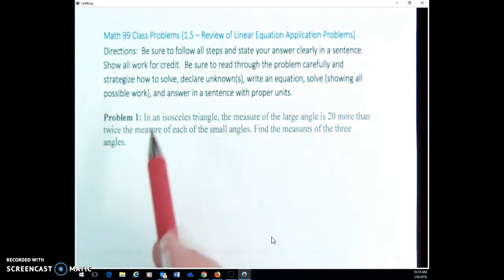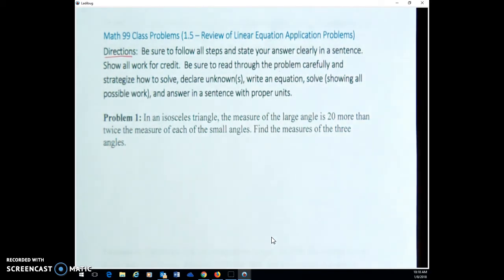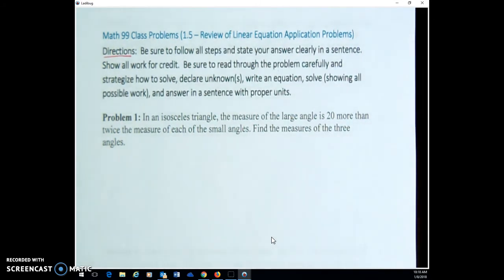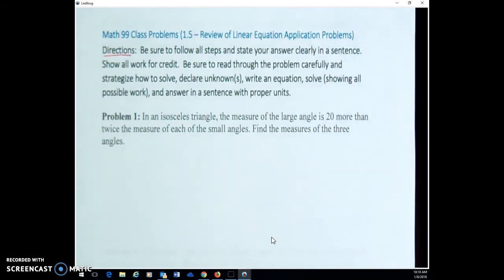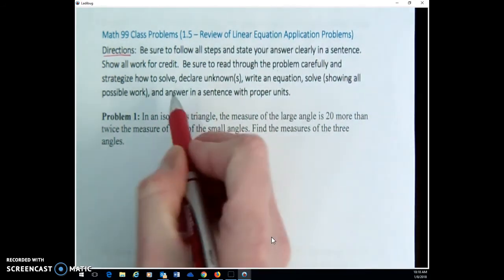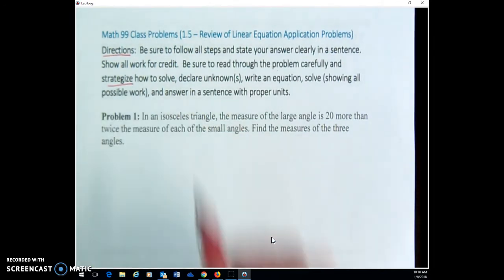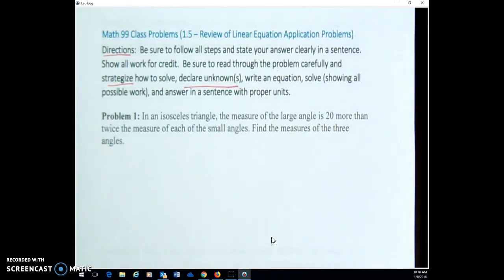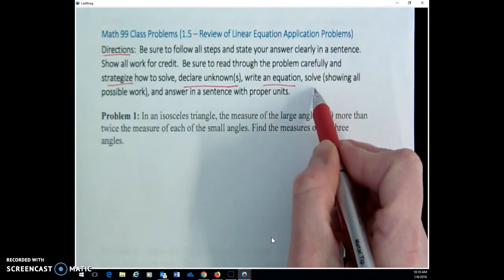So here, make sure you're always reading the directions and read through the problem first. Answer clearly in a sentence. And along the way, you should write out your work, your steps, like your equation, declare your unknowns, all those things that are here. So strategize first, then declare your unknown or unknowns. In this case, first one we have a few. Write an equation with the variables, and then you're going to plug in what you know and go ahead and solve.